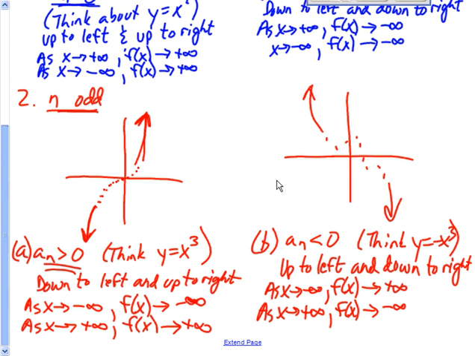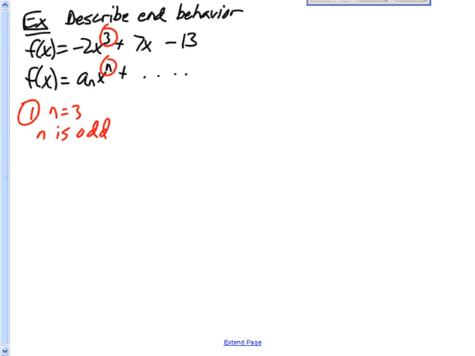Now the second thing we need to know, look at this A and B in parentheses in red here, is whether the leading coefficient is positive or negative. What's our leading coefficient? A sub n is negative 2, so that thing is negative.